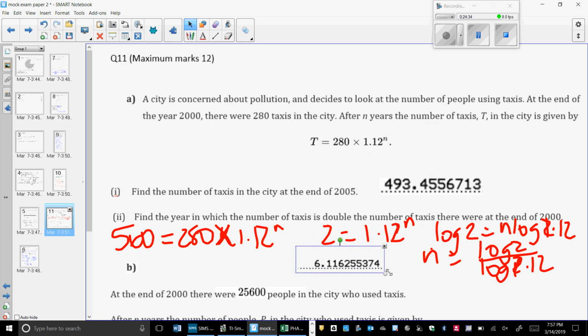So it will happen during the year, in 6 years, 6 and a bit years time. So in the year 2006. Oh no, apologies, past that. So it's in the year 2007.